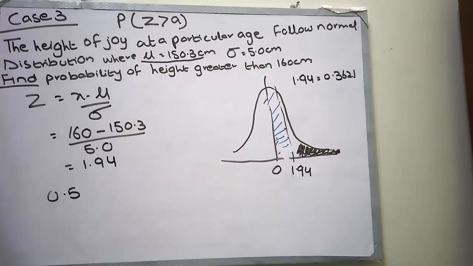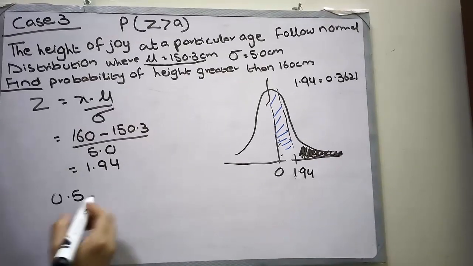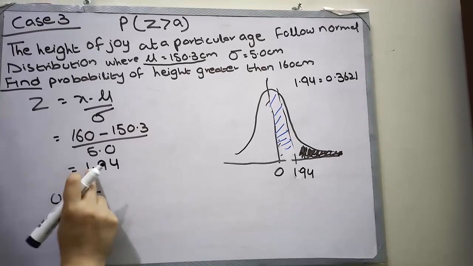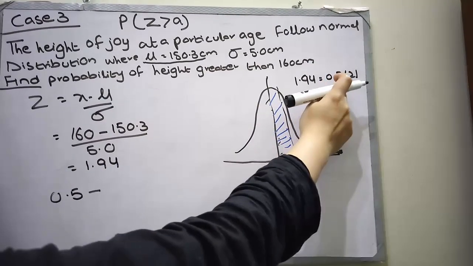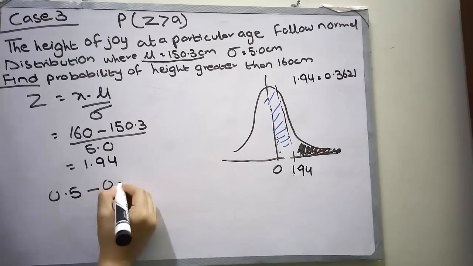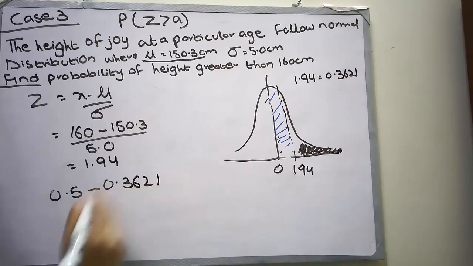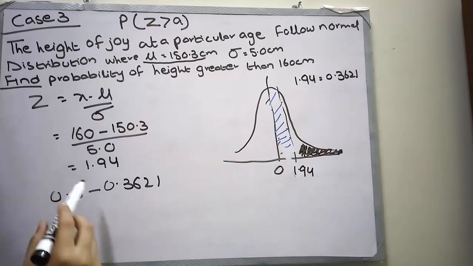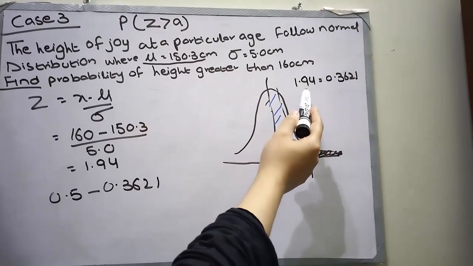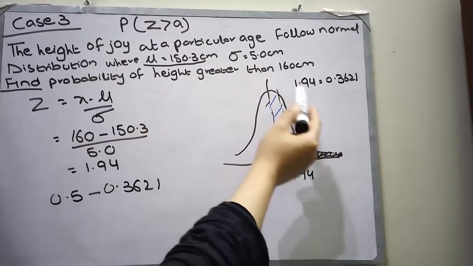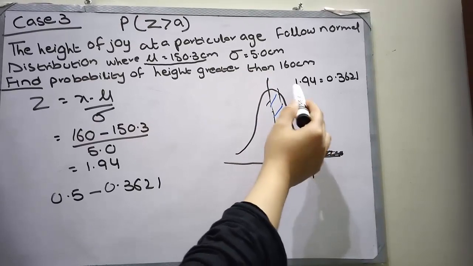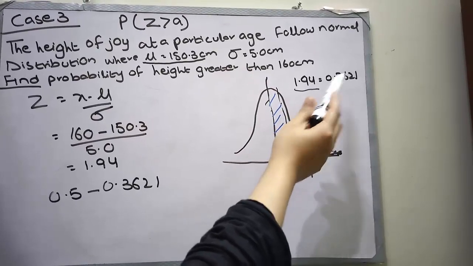So 0.5 minus value of 1.94, which is 0.3621. As we have discussed earlier, the value would be given either in the question, as it is given in this question, or you can find this value 1.94 from the graph.